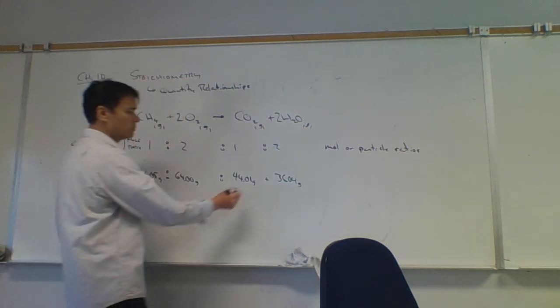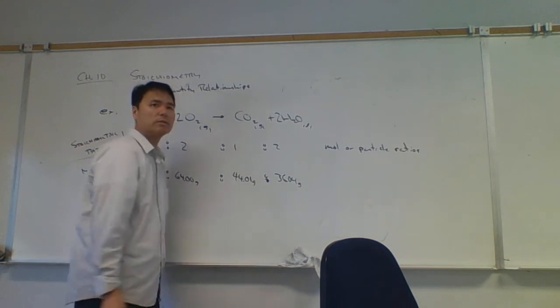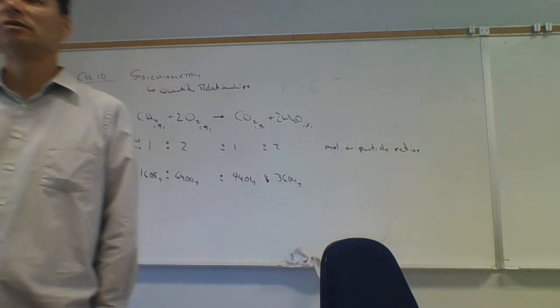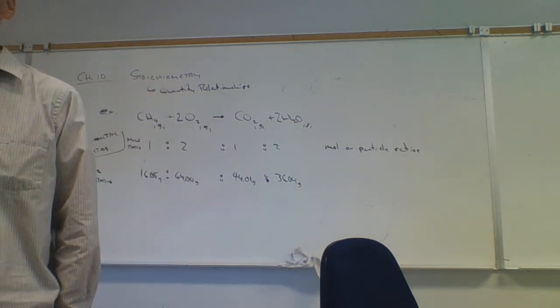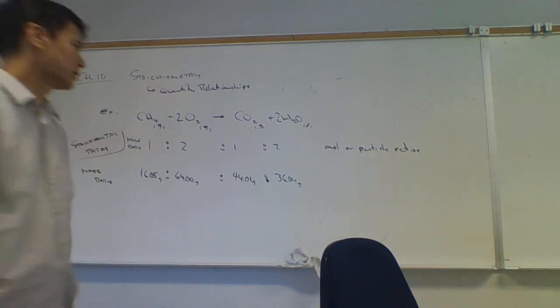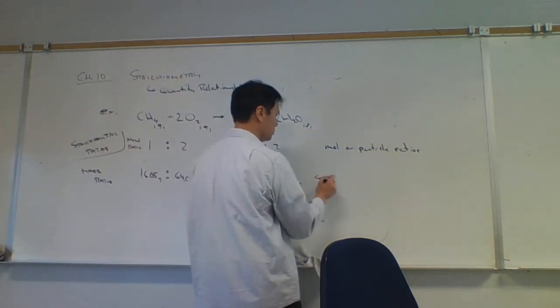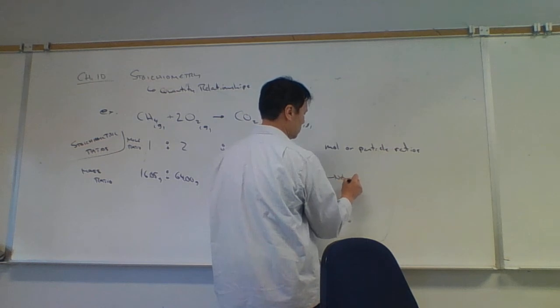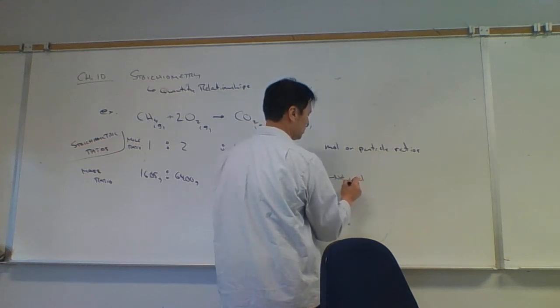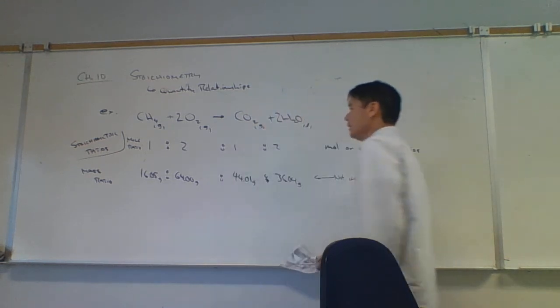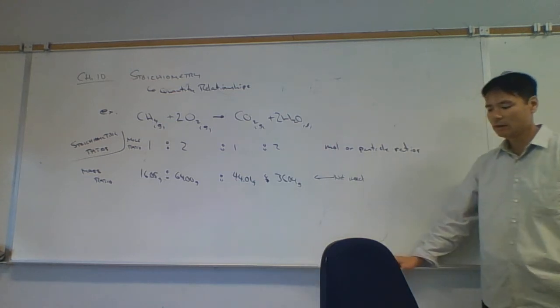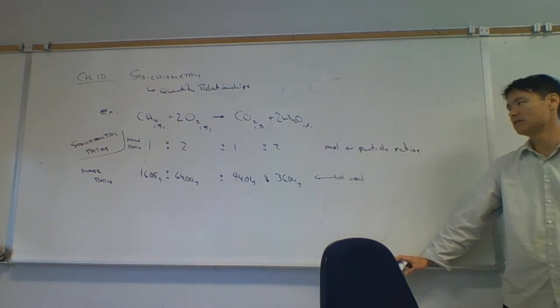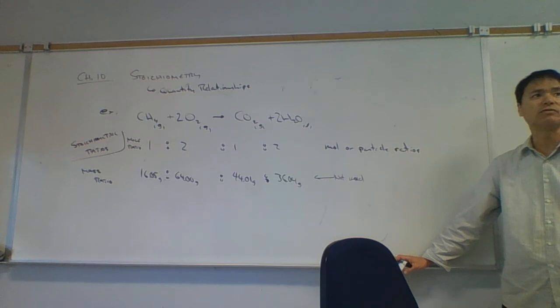The mass ratios are inconvenient. Do you want to memorize mass ratios? No. Do you want to have to derive the mass ratios? No, so we don't really use them. But they're handy, because if we know the mass ratios, then we know the right amount. For example, if we have 16 grams of methane, we better add 64 grams of oxygen. So we know the right amounts.